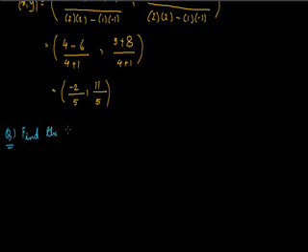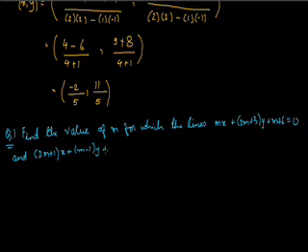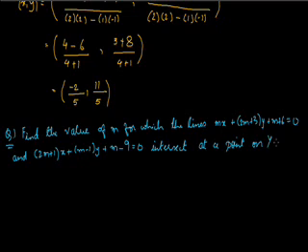Find the value of m for which the lines mx plus (2m plus 3) of y plus m plus 6 is equal to 0, and the second line is (2m plus 1) of x plus (m minus 1) of y plus m minus 9 is equal to 0, intersect at a point on y-axis.